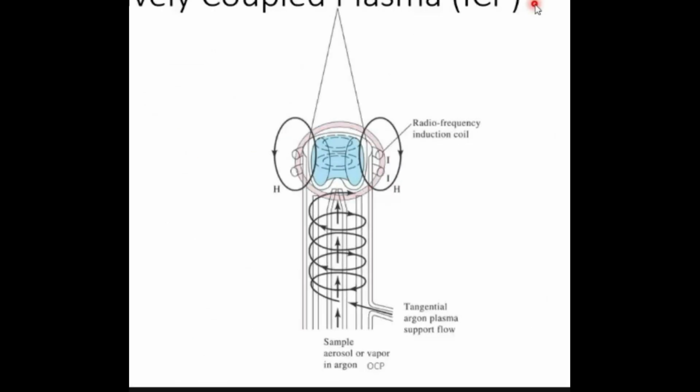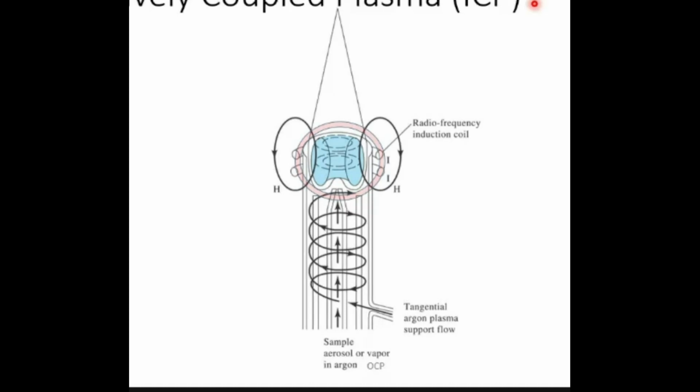If you see this light pink colored ring, in that ring, ionization of the flowing argon is achieved by a spark. A spark is induced in the presence of that induction coil. That spark initiates the ionization of the argon. This ionized argon interacts with the strong magnetic field, which is induced by the induction coil.